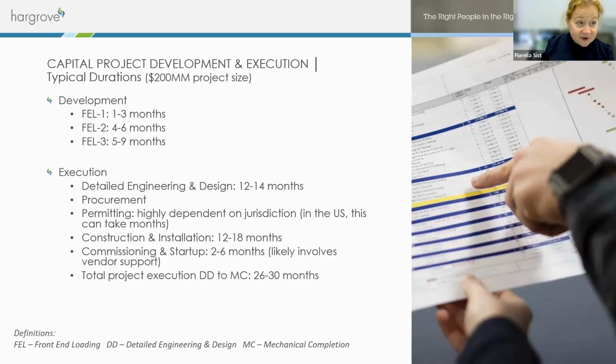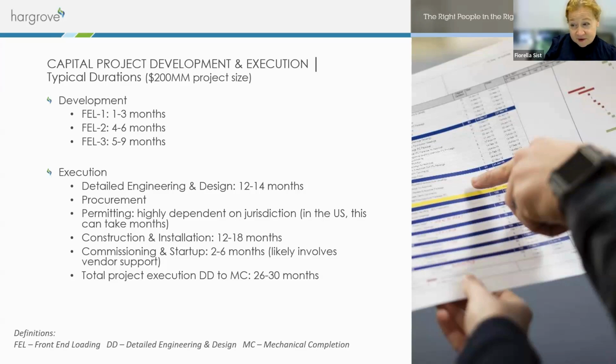And you have a clear idea at this point of what your long lead items are, which is going to be your critical path to how long it's going to take to procure your equipment and to actually construct your plant, right? And then detailed engineering design, you're looking at typically a 12 to 14 month timeline, all right?